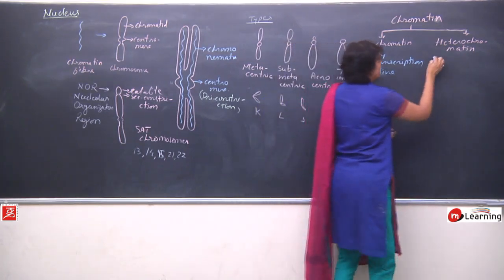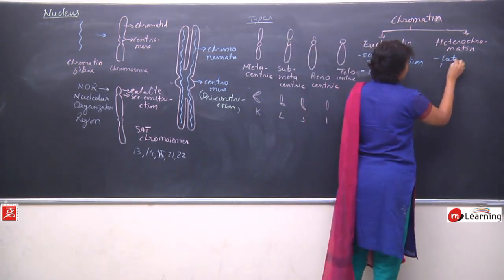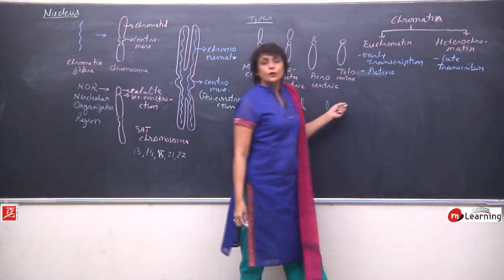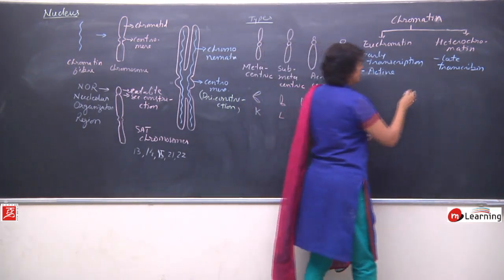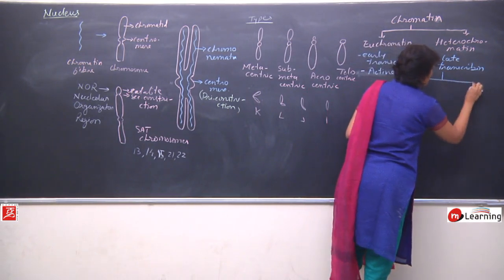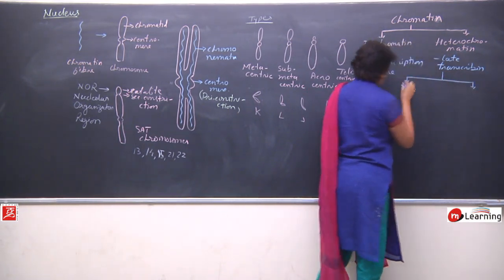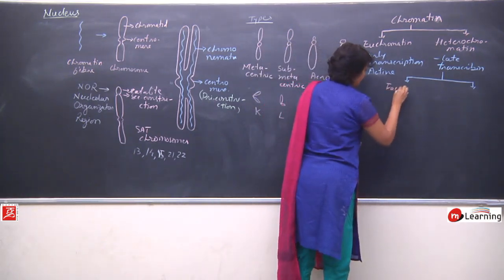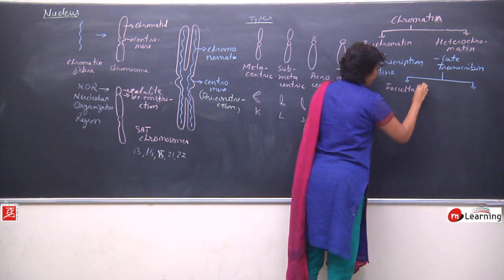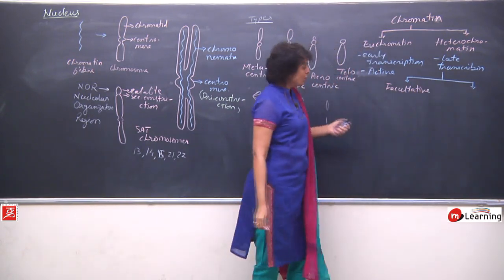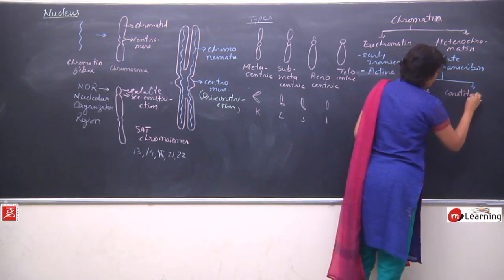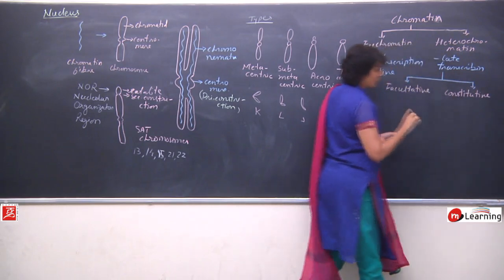Heterochromatin is called late transcribing. Some part of it is inactive. On the basis of that, we divide it into two categories again: facultative heterochromatin and constitutive heterochromatin.